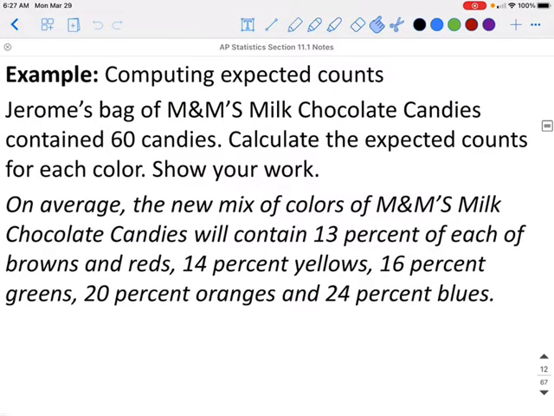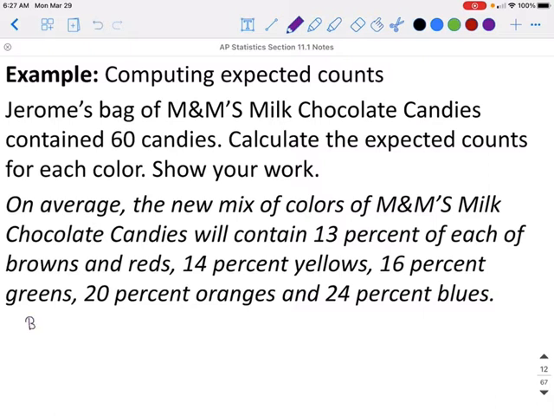So Jerome's bag of M&M milk chocolate candies contains 60 candies. Calculate the expected counts for each color. Show your work. On average, remember, the new mix of chocolate candies has 13% each of brown and red, 14% yellow, 16% green, 20% orange, and 24% blue. So to do this, you would take the percent.